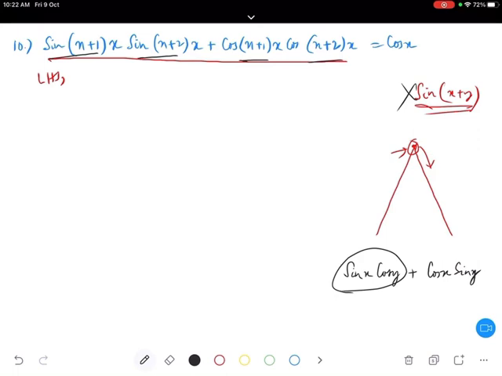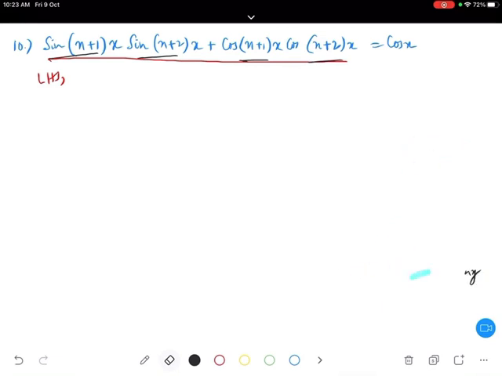Okay? And which formula of cos should we apply? There is cos x minus y and there is cos x plus y. Yes, we'll apply cos x minus y. Why? Because for cos x minus y, the middle one will become plus. So let's do it.